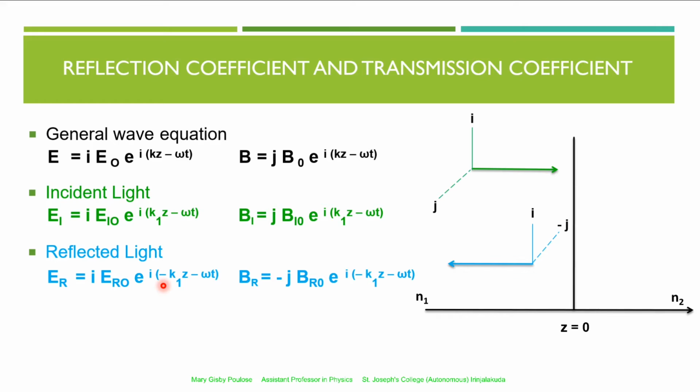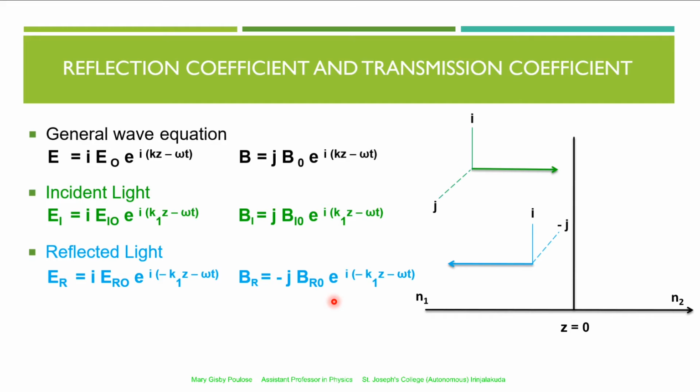The direction of this reflected wave has reversed, so z has become minus z. Thus this term is minus k1z minus omega t. Since it is in the same medium, the propagation vector is k1 itself. Now BR is equal to minus j, direction has reversed, into BR naught into e raised to i(minus k1z minus omega t).